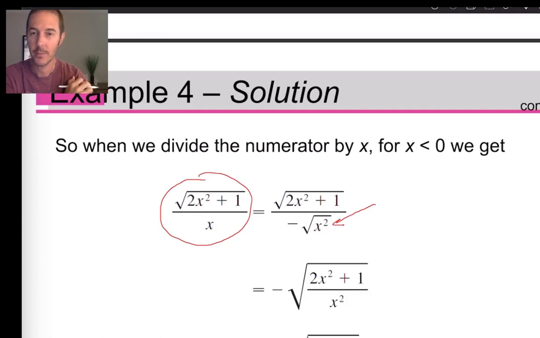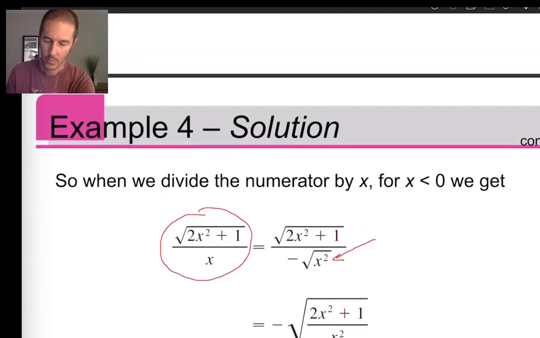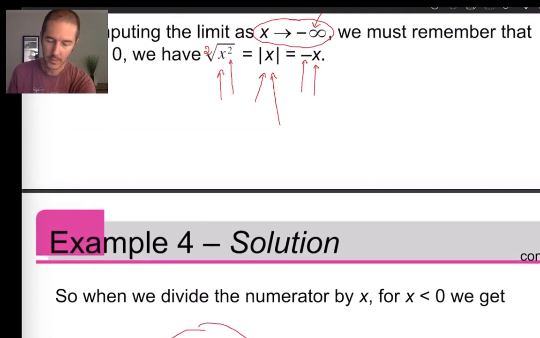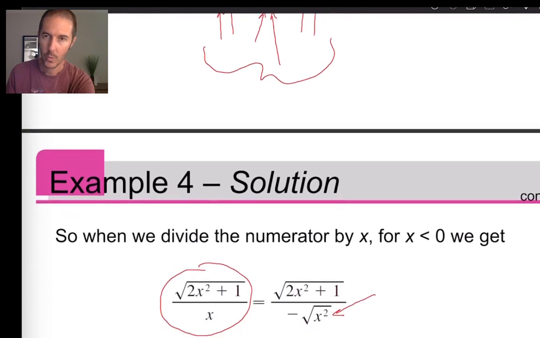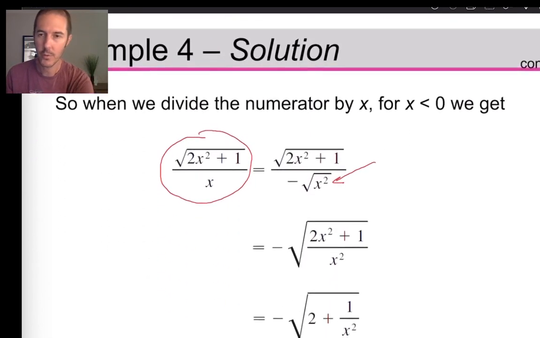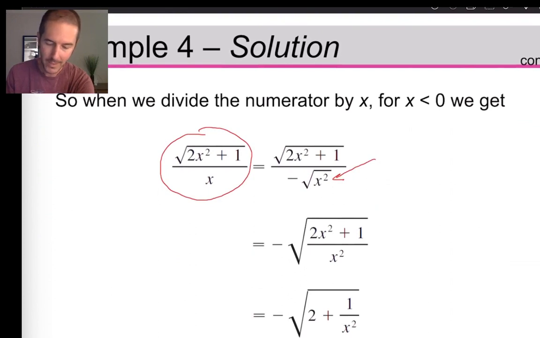And then here's the little hiccup: because we're sending x to negative infinity, x is going to be a negative value, and because of the conversation we just had up here, when we make this substitution, we have to introduce this negative sign in front of the radical.